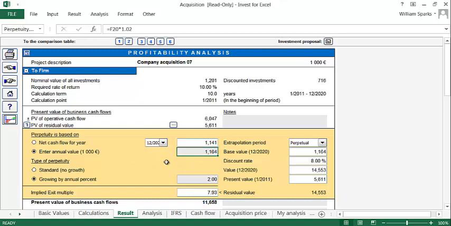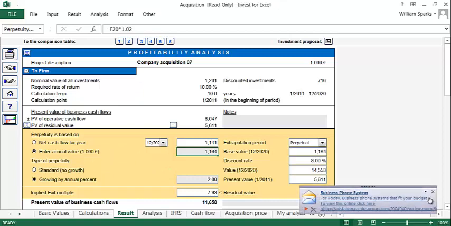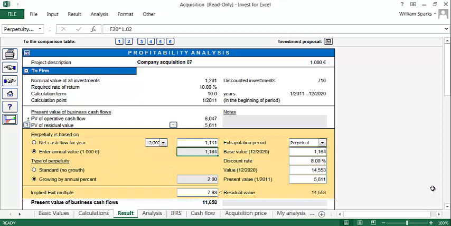So what I did now was I created sort of like the 11th year. This is how it very often is calculated, this terminal value, residual value, so that it's not based on the 10th year but on the 11th year. And now we sort of created the 11th year by taking this 2% growth also on the 10th year. Do you follow me?